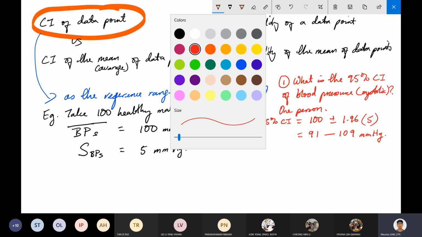The second type of question will be in this format. Let me choose green color.